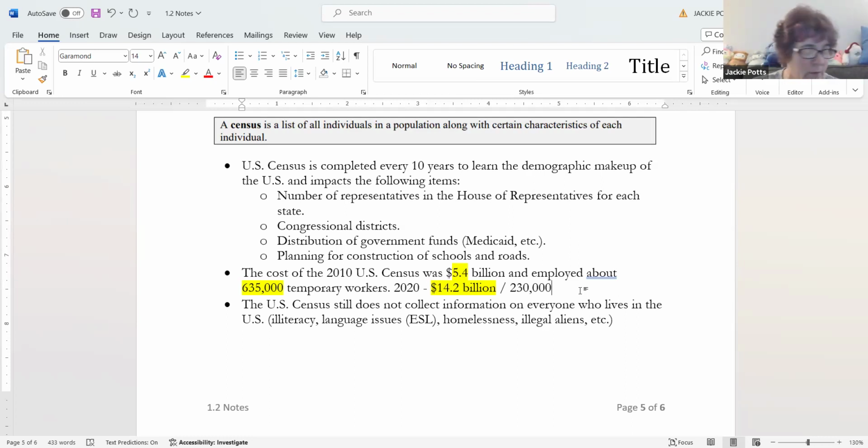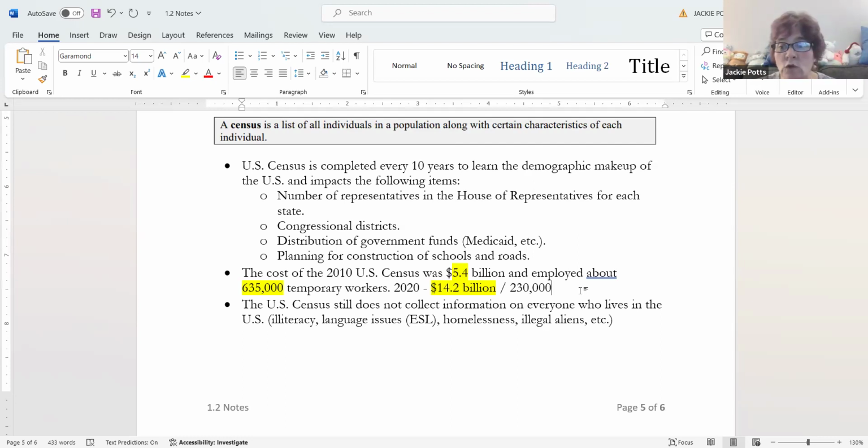It's expensive. Also, why don't we do the entire population when we do studies? It's because even though we claim to have done the entire population, did we? The answer is no. We have people that, believe it or not, still in this day and age, are illiterate.